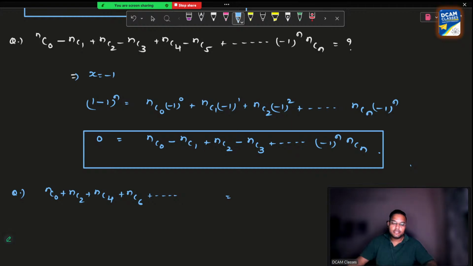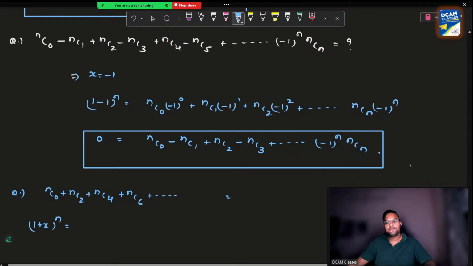You have only 1 plus x whole power n, that result above. How will you cancel out the odd terms so that you get this series?